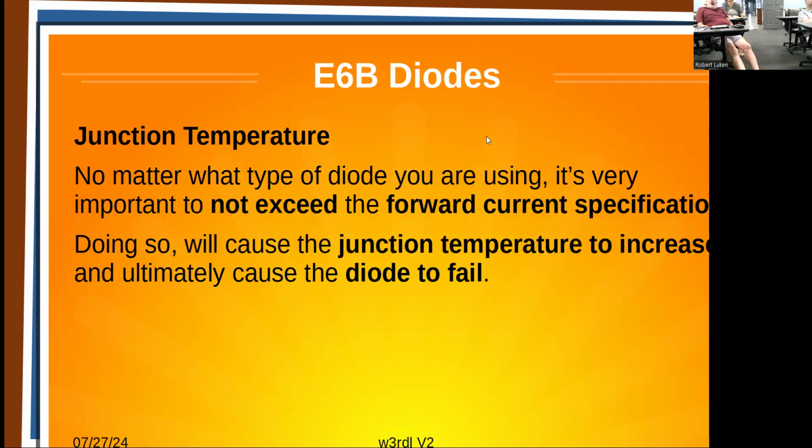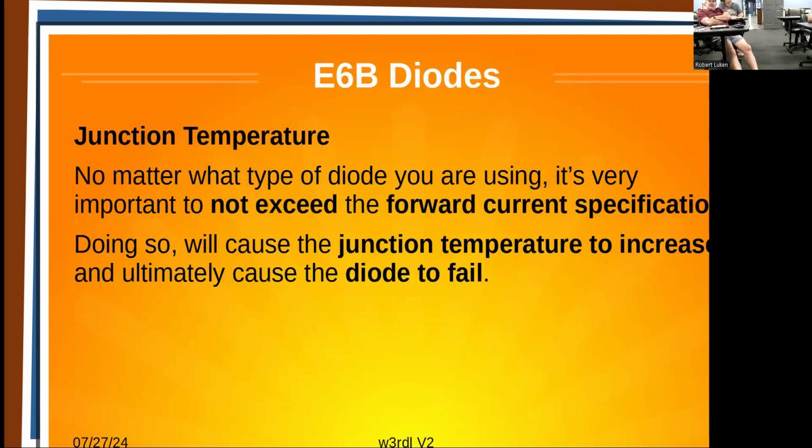Junction temperature. That's one of the things you have to watch for in semiconductor devices. The temperature of the junction goes up depending on how much current is flowing through it. At a certain temperature, it will fail.